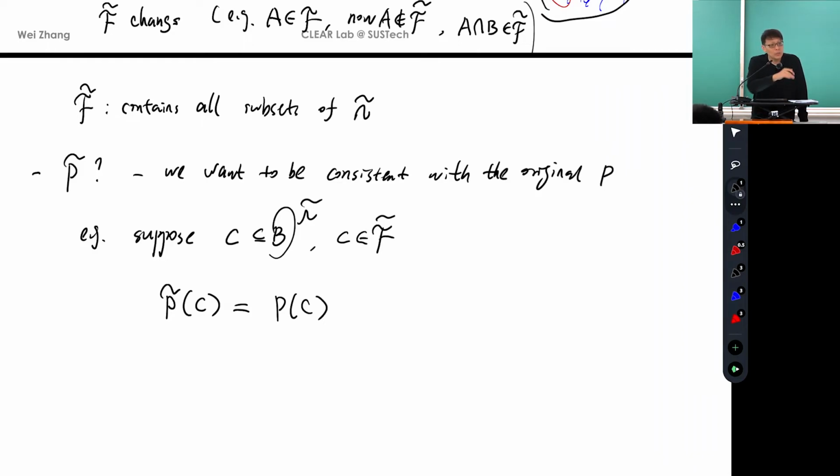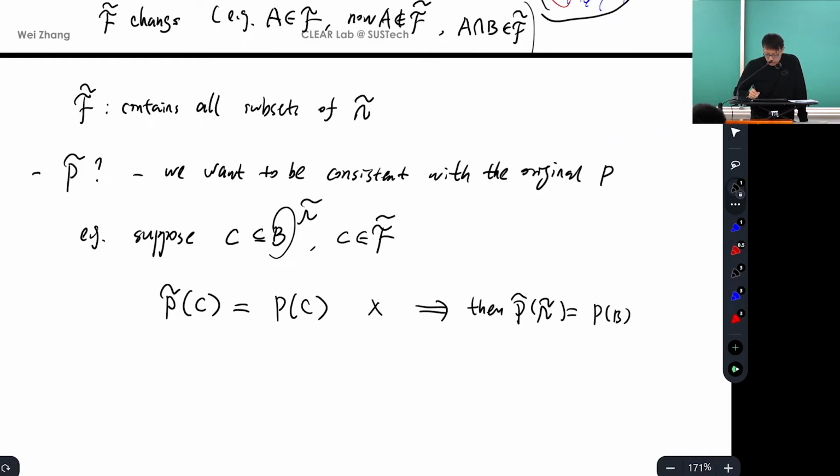You can specify any way you want, by the way. Is this a valid thing? No, right? If you define it this way, then the probability of B will become less than 1. It violates the axioms of probability.